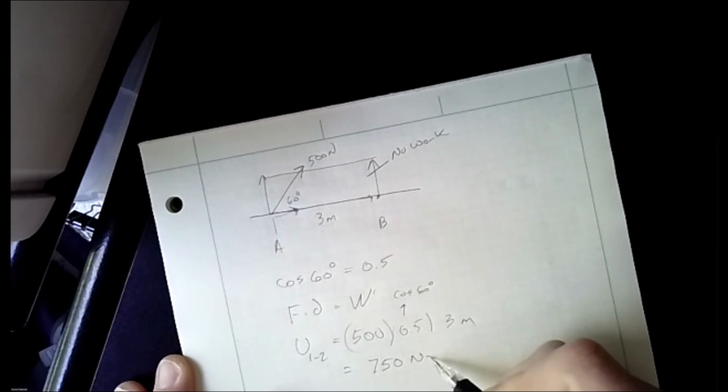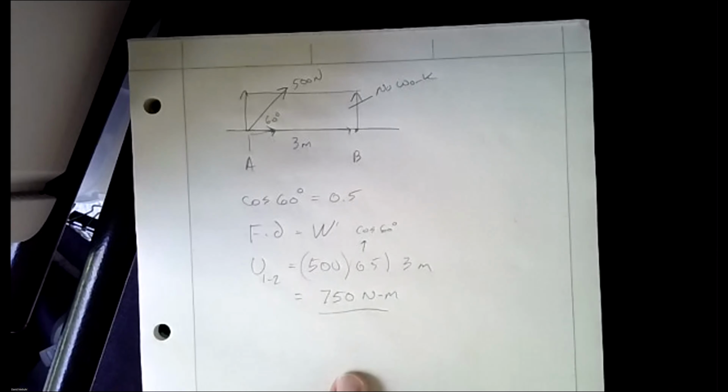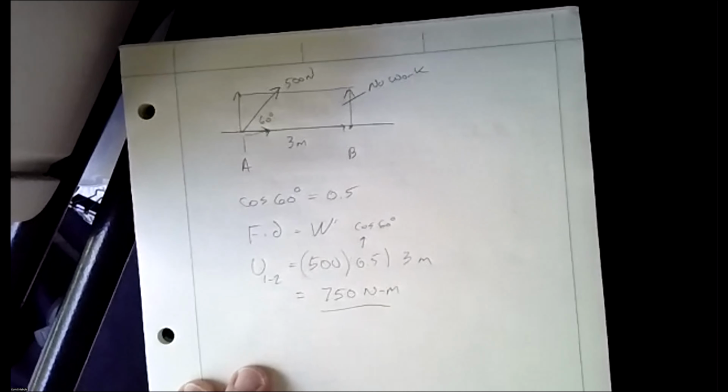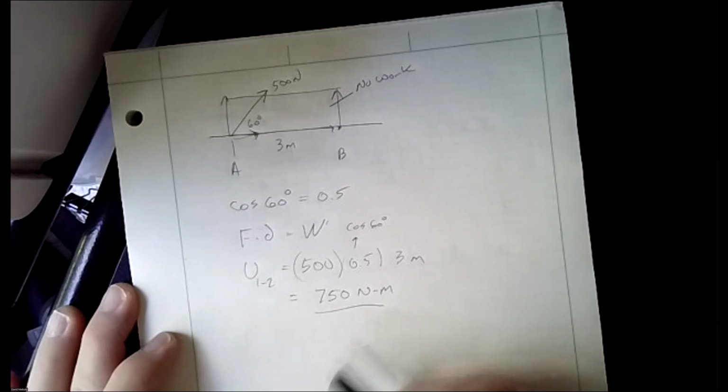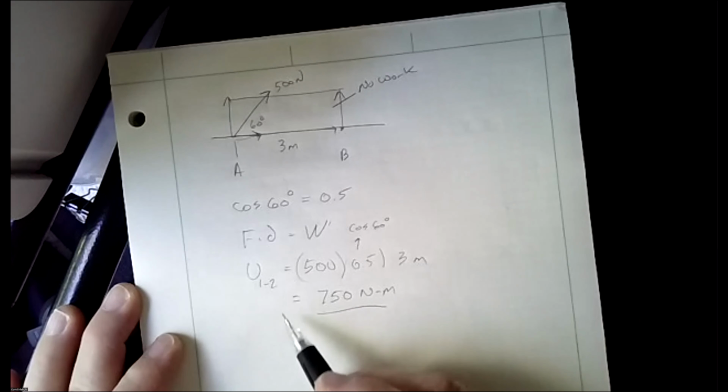The result is 750 Newton meters. Just like a torque is in Newton meters, so is this, because it's a work. Essentially all the work that we count up is constituted in this U1 through 2.